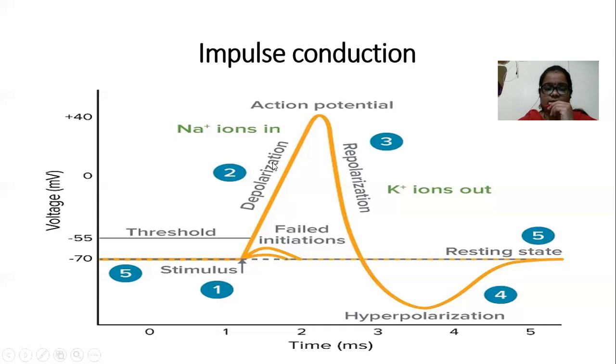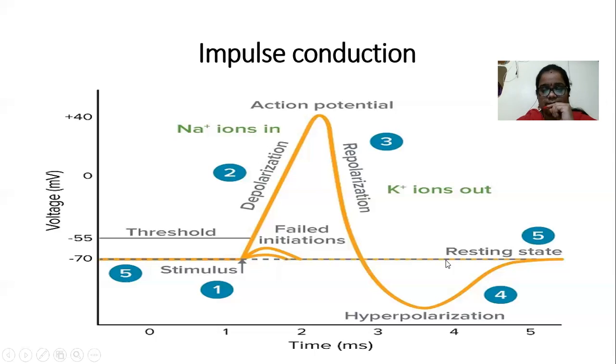Then what will happen after depolarization? Repolarization also occurs. Repolarization occurs due to two reasons: inactivation of the sodium channels and activation of the potassium channels. As a result of activation of potassium channels, there is an efflux, which is the movement of ions from inside of the cell to outside of the cell.